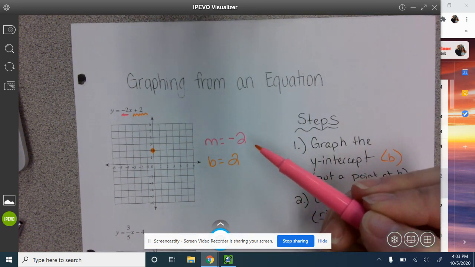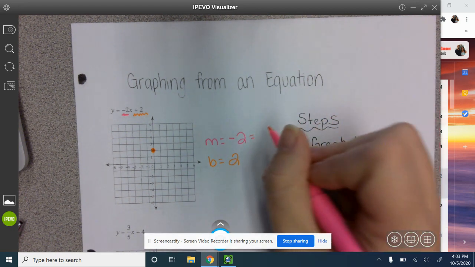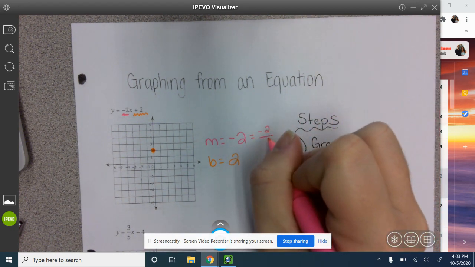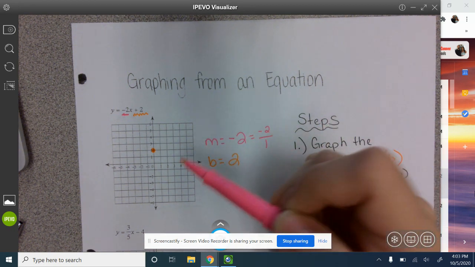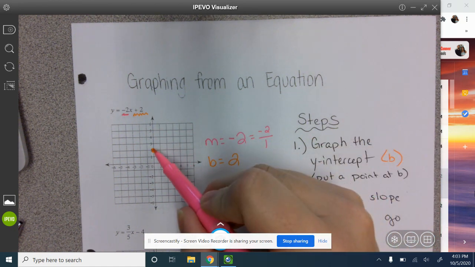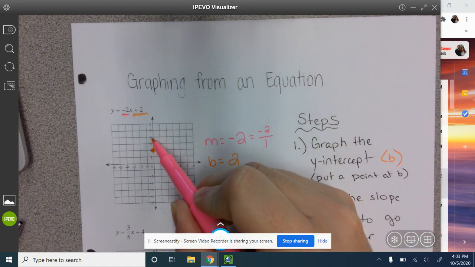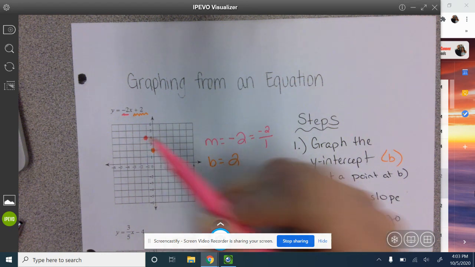Now, when my slope is a whole number like this, -2/1, to figure out rise and run, if it's a whole number, put it over 1. I'm going to show you 2 different ways that you can graph this point. From 2, you're going to go up 2 and backwards 1, because that gives me a slope of -2.